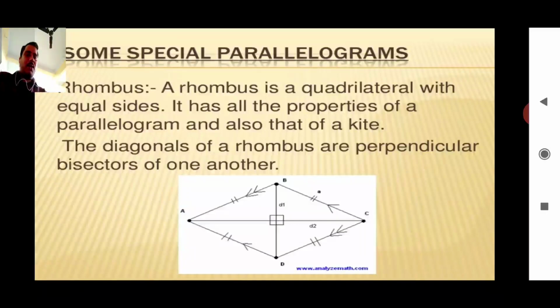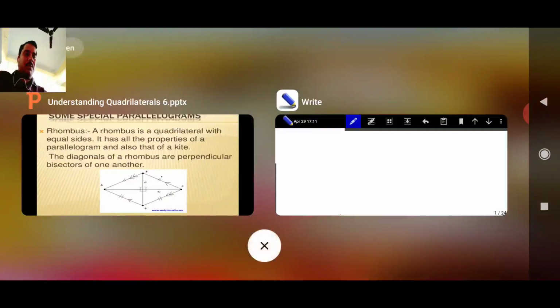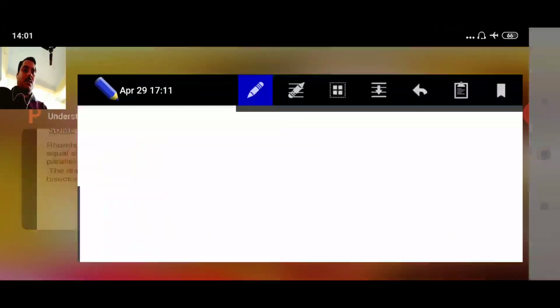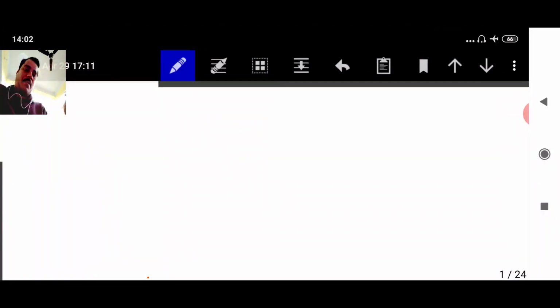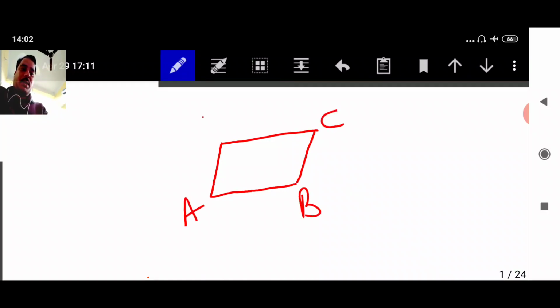By the name, parallelogram, parallel means parallel sides. Both pairs of opposite sides will be parallel. If we draw a parallelogram of this type, this is a parallelogram because AB is parallel to CD and AD is parallel to BC.